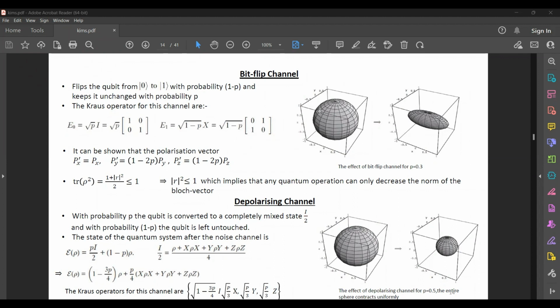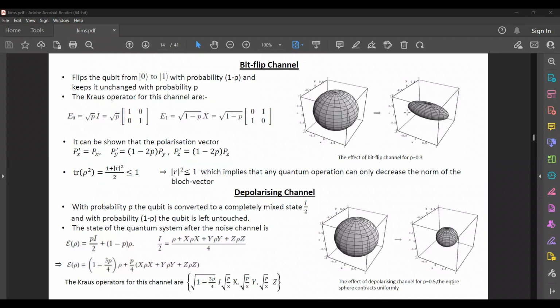So this perfect sphere, which represented all the pure states, after the noise channel has acted on it, is converted to a mixed state, an ellipsoid. Anisotropically it is getting deflated along different directions, but along the X direction it remains unchanged.